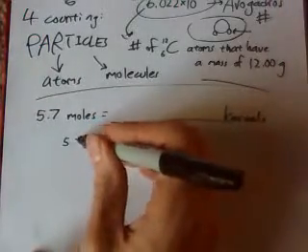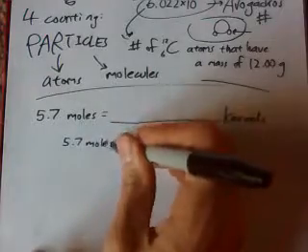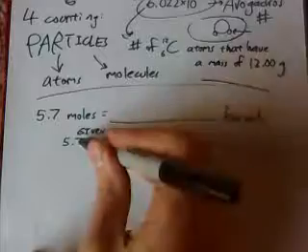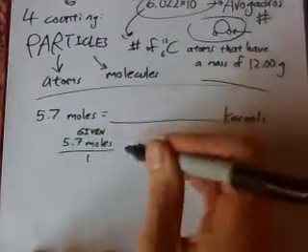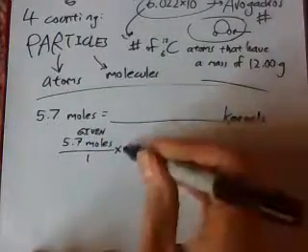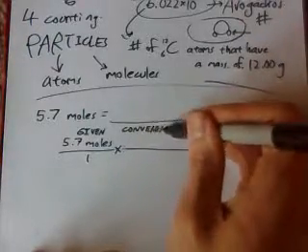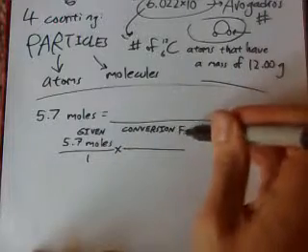Here's how we do it. We take what we're given. It's always the correct place to start when we're doing conversions. We take the given and multiply it by a conversion factor.